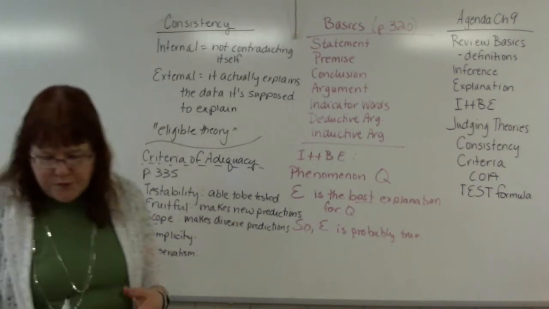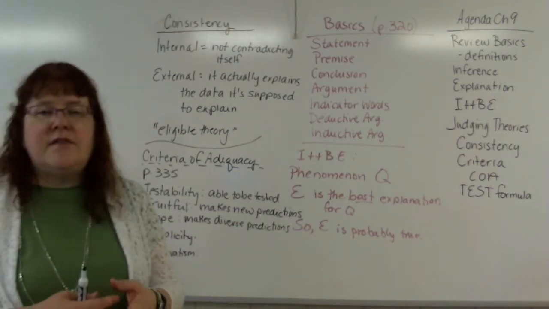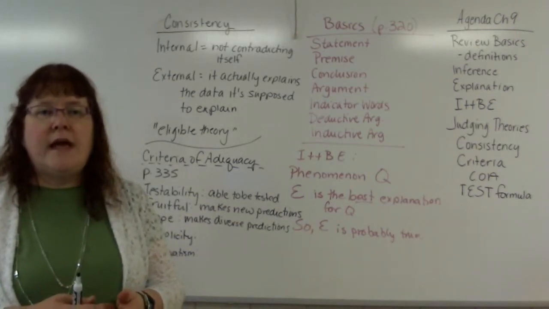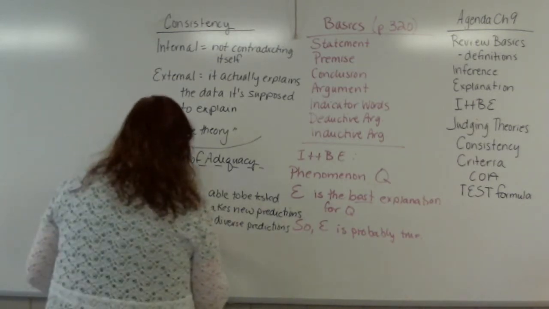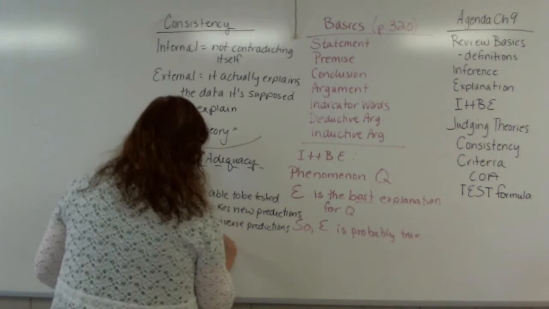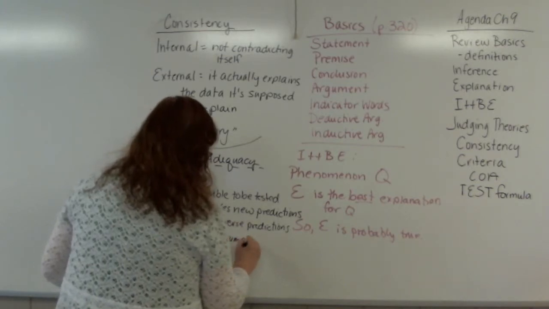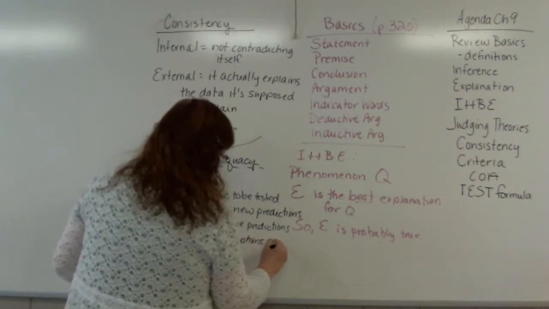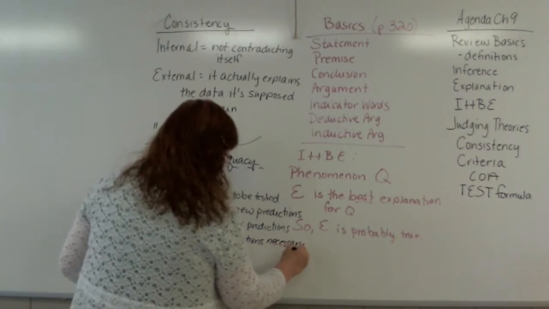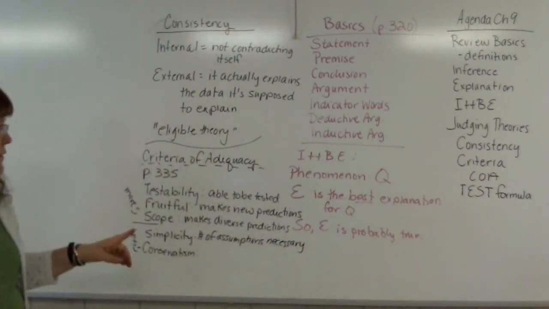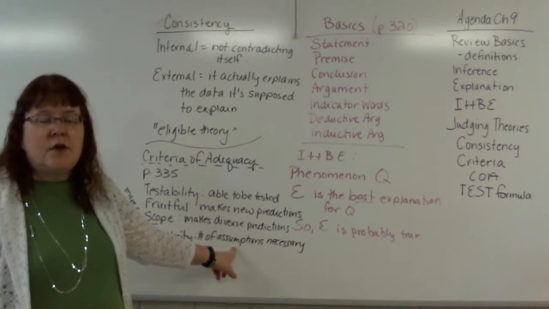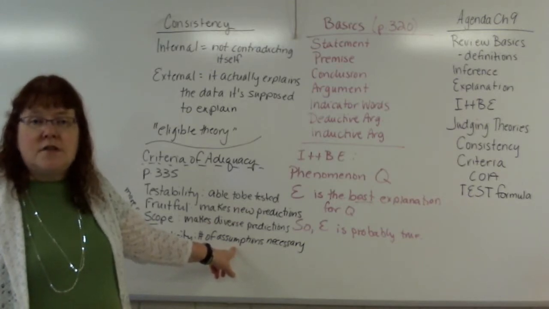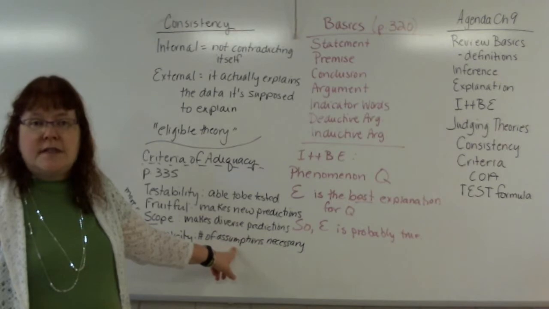Simplicity refers to the number of assumptions we have to hold in our heads for this to be true. Okay? The number of assumptions. And most of the time, these assumptions are things we have to make that are outside our background knowledge, outside our normal understanding.